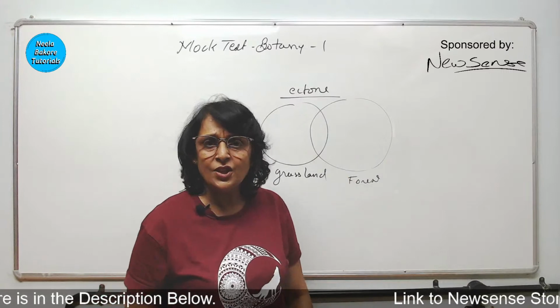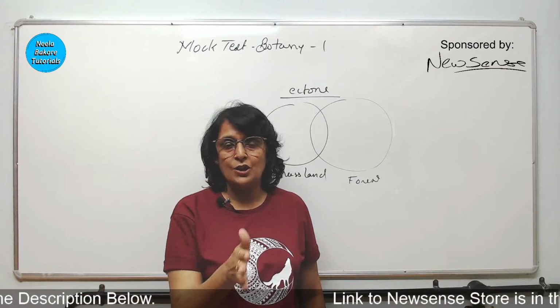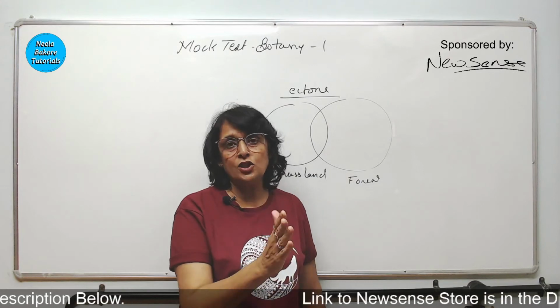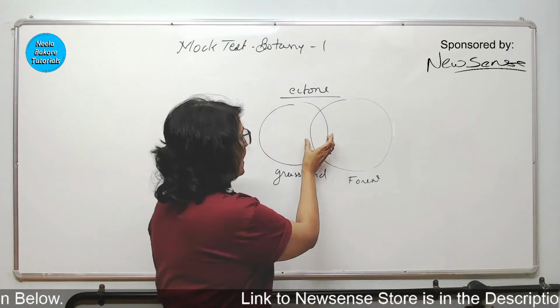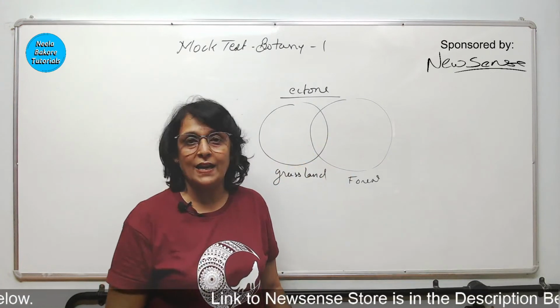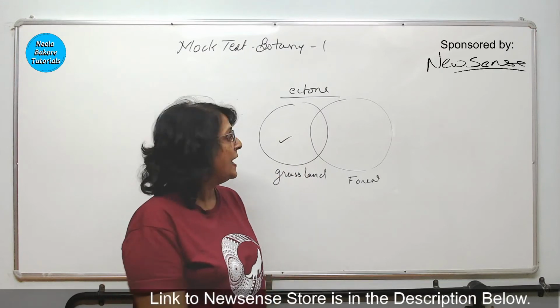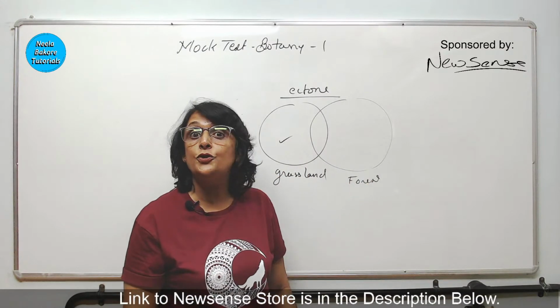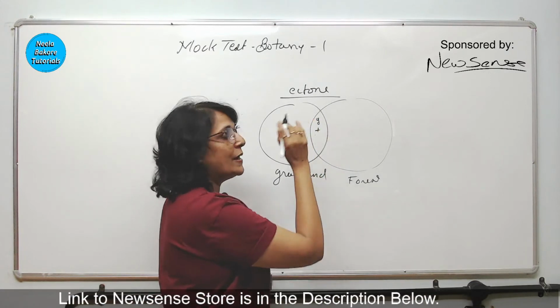Now, in nature it is very difficult to have a clear cut demarcation that here the grassland finishes and the forest starts. There is some part, some region where there is an overlap. So, now what is going to happen? Here you have grasses, in forest you have a variety of trees. So, in this area you will have grass also and trees also.